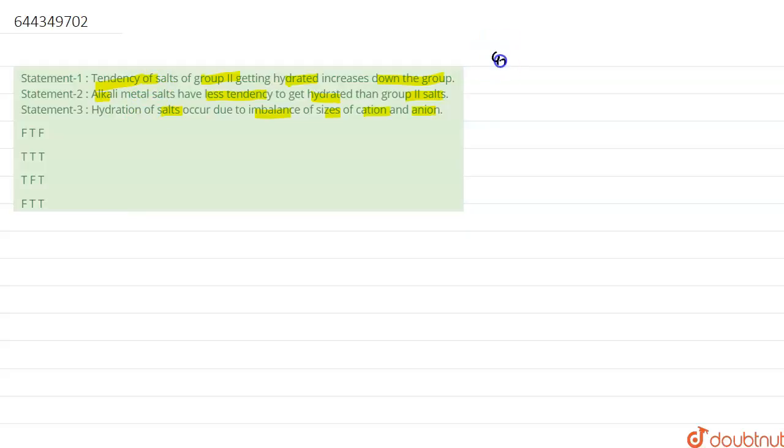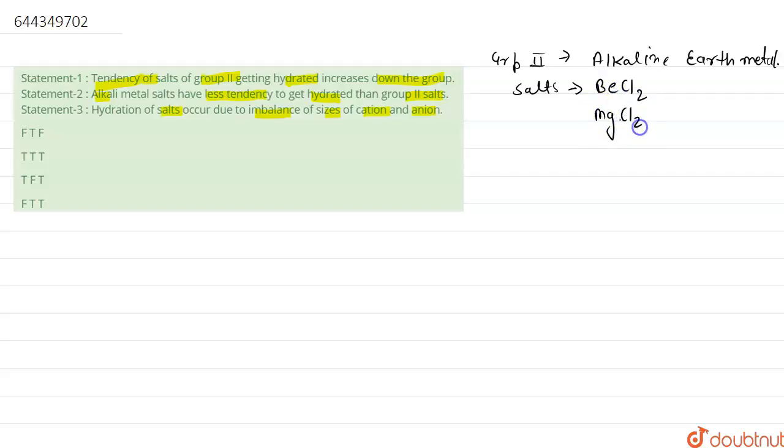We know that group second has alkaline earth metals. In the salts of these metals, the first element of group second is beryllium, whose salt is BeCl2, then MgCl2, CaCl2, SrCl2.